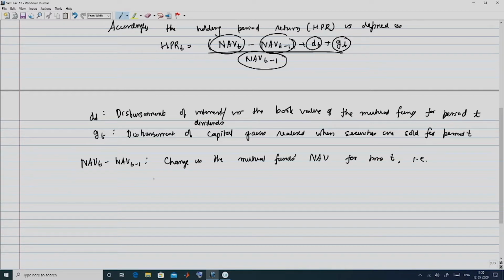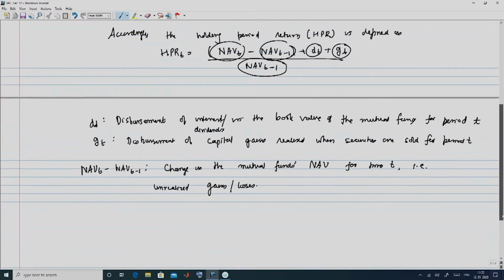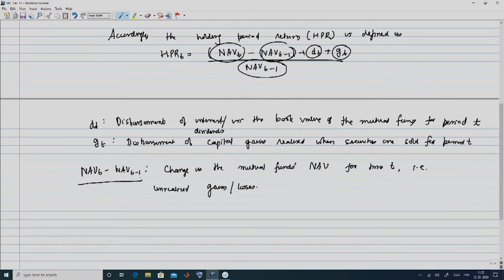So, this is the unrealized gains or losses. So, just to go through this again, see NAV t minus NAV t minus 1, it is going to be the change in the mutual fund's NAV in the intervening period t and t minus 1, and this difference of valuation comes as a result of the assets that were held at time t minus 1 and are still being held at time t.